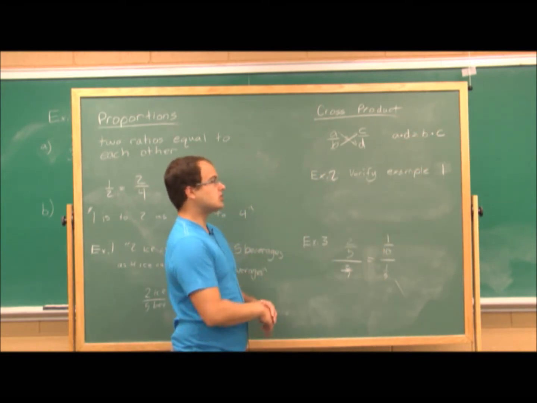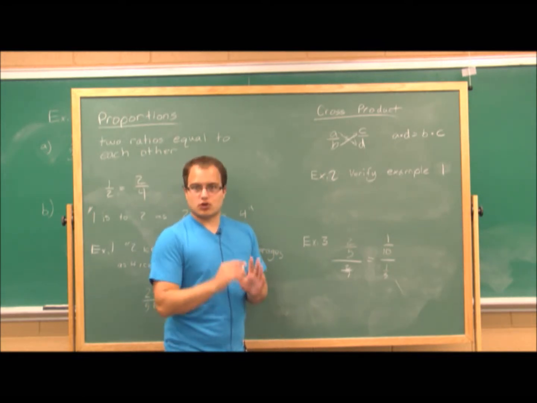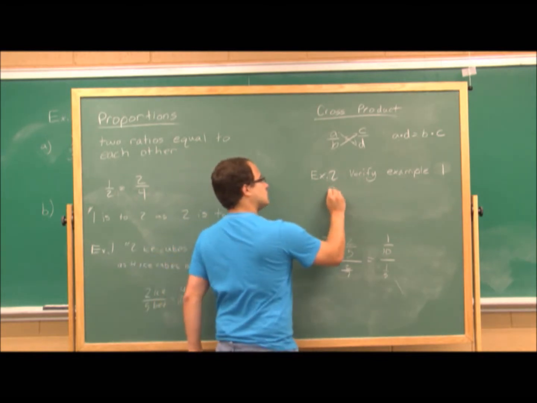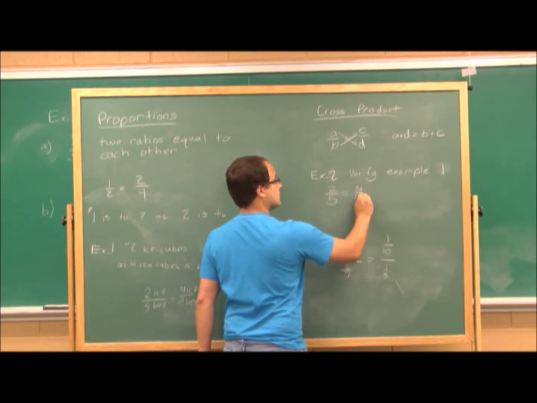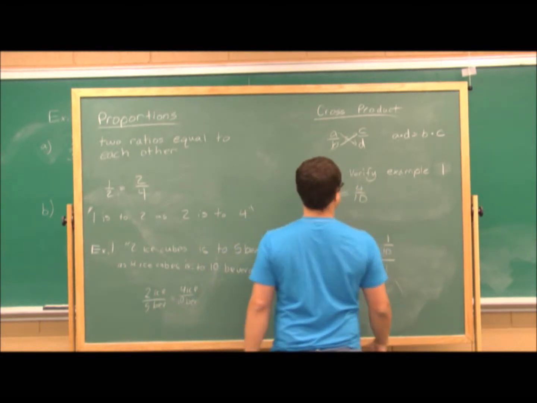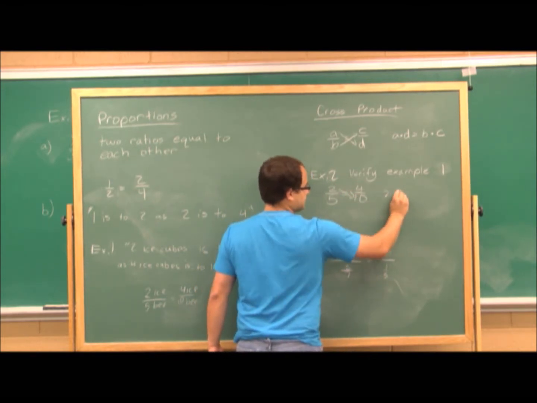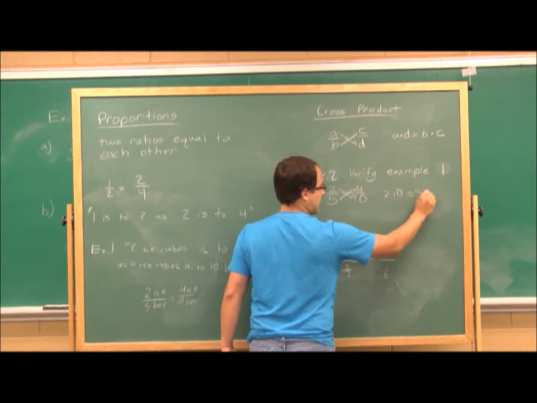So for example 2, they want us to verify example 1. Just to make it a little quicker, I am going to drop the units. So that means 2 over 5 equals 4 over 10 is the proportion. So the cross product would be 2 times 10 equals 5 times 4.